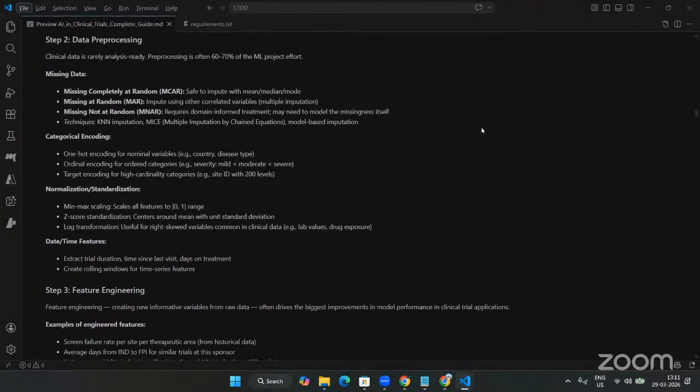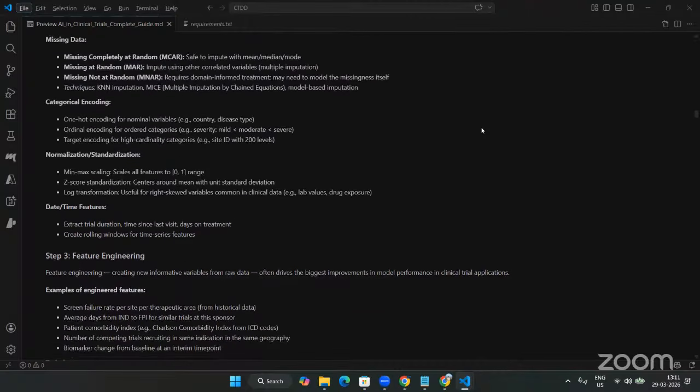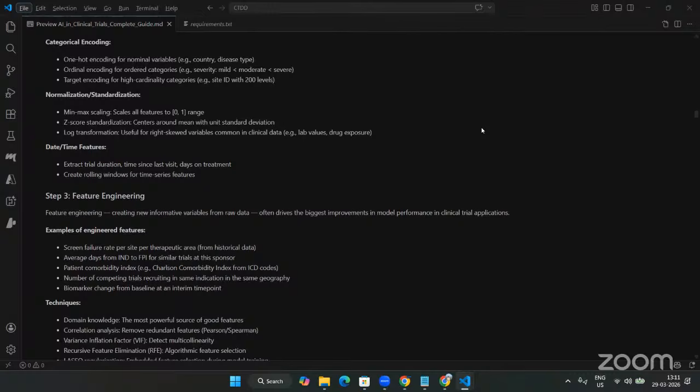Second thing is categorical encoding. One-hot encoding for nominal variables like country, disease type; ordinal encoding for ordered categories like severity: mild, moderate, severe; target encoding for high cardinality categories like site ID with 200 levels. Then normalization and standardization.